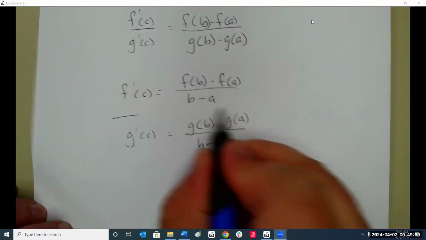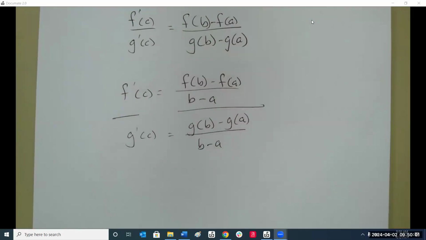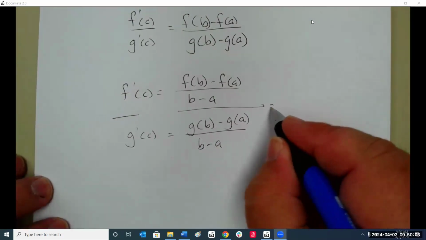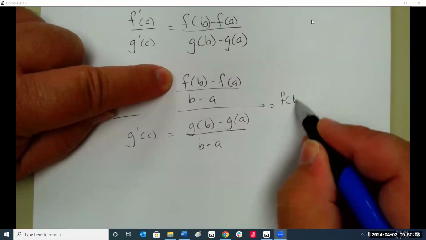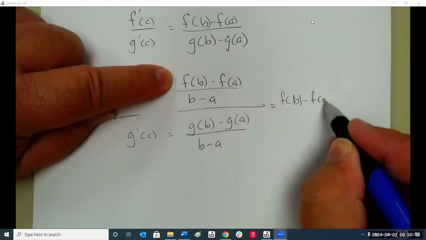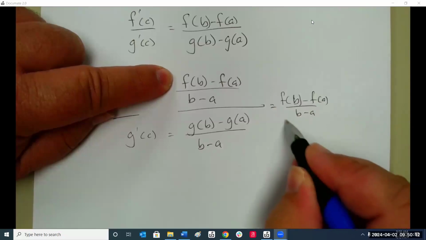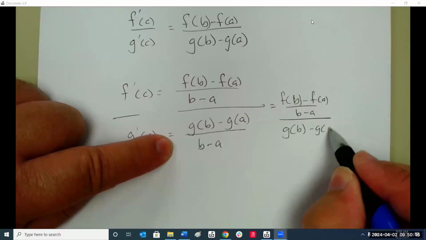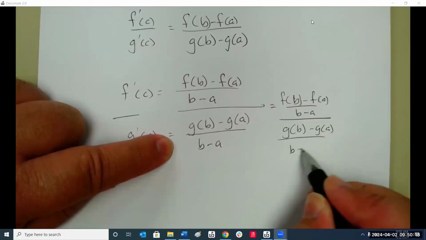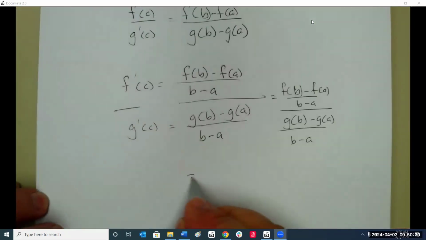If we divide these two, like we did in L'Hopital's rule, then we get this fraction divided by this fraction. What's the rule about fraction over a fraction?